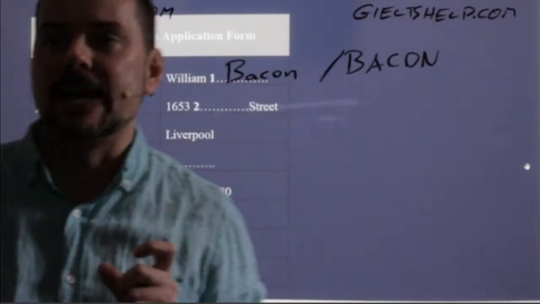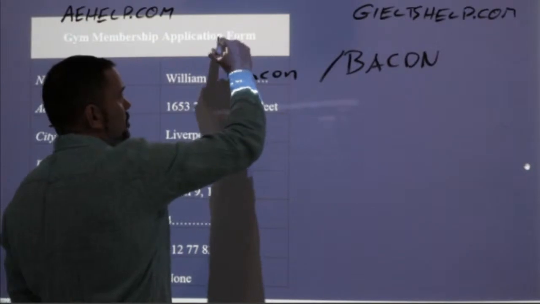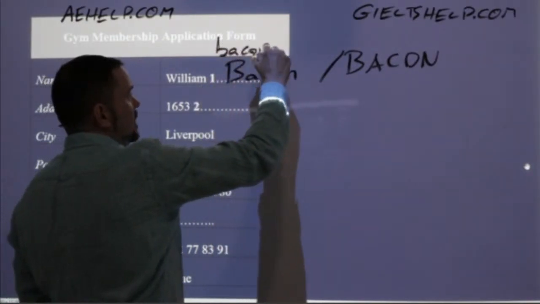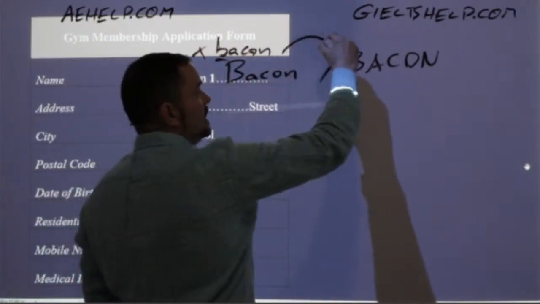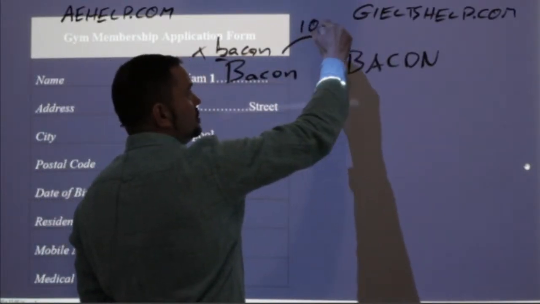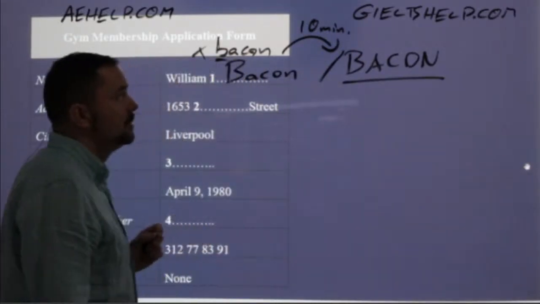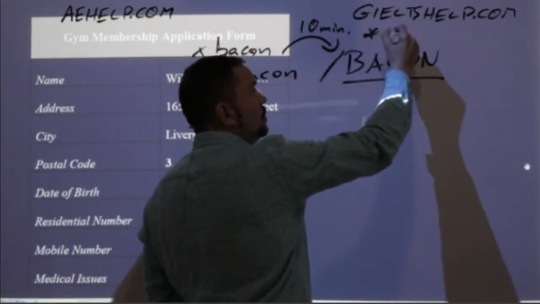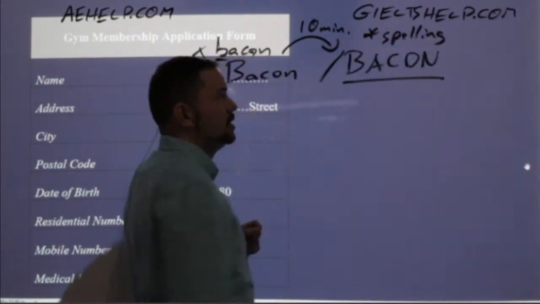Everybody catch that. So you can write in your question paper, you can write bacon. Okay, this would be wrong because the name is with a big B, but in the 10 minutes to transfer your answers to the answer sheet, you can make it all capital. Just be really careful with spelling. Make sure you don't change the spelling when you do that, okay?